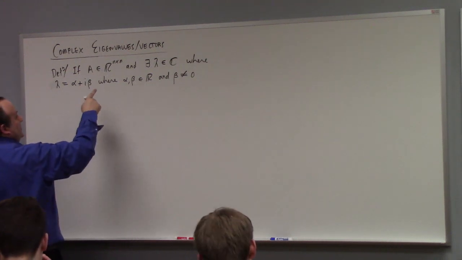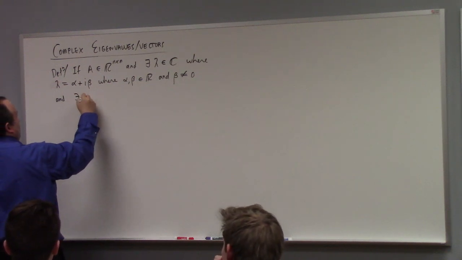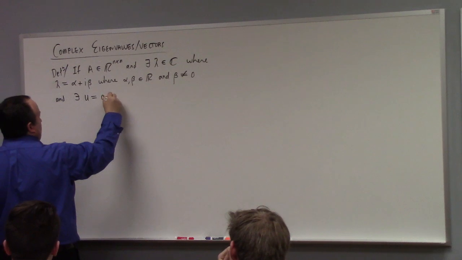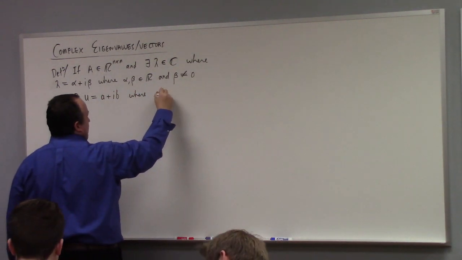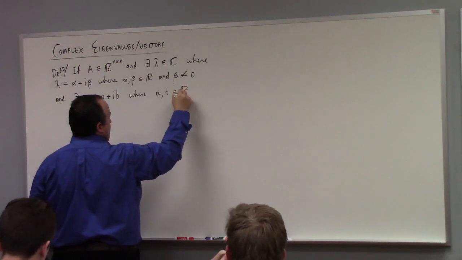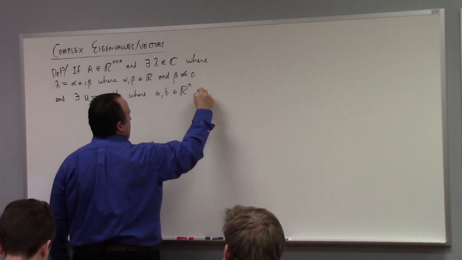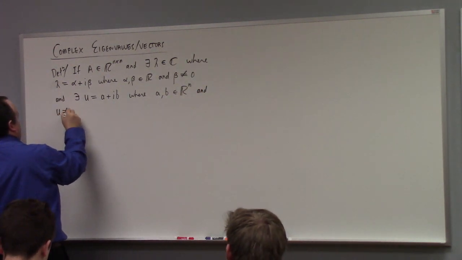If that holds, and there exists, let's say, u equals a plus ib, where a and b are in R^n, so u is not equal to 0.